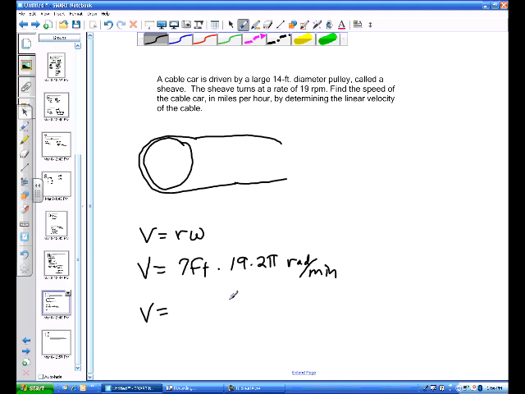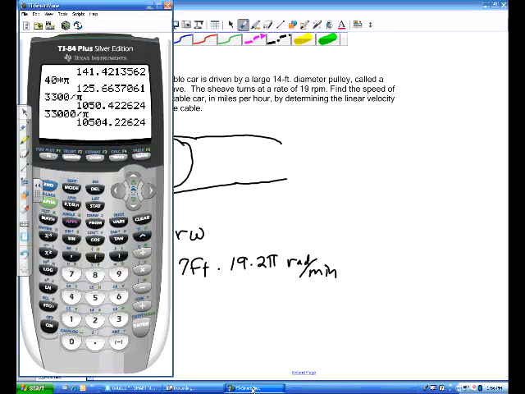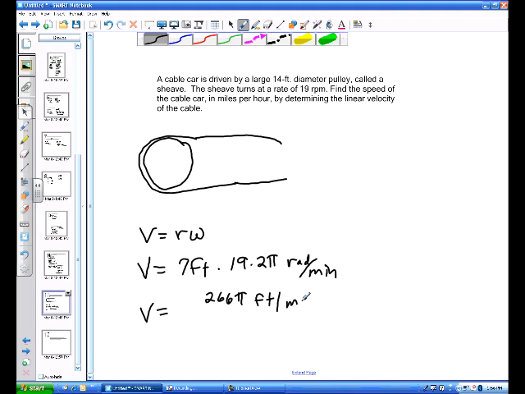And if we multiplied all of that out, let's just get our calculator. So we have 7 times 19 times 2. We're going to figure that in exact form, so that would be 266 pi, and that would be feet per minute. Now that would be an exact answer.